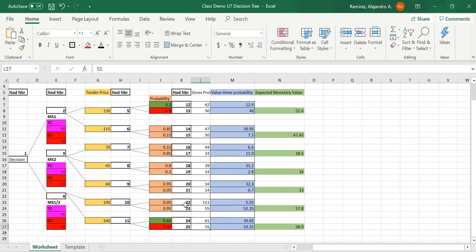Sorry. So we have that there, and then we have to multiply those numbers times the probability. In this case we have here this cell, or this value, multiplied by 20%.